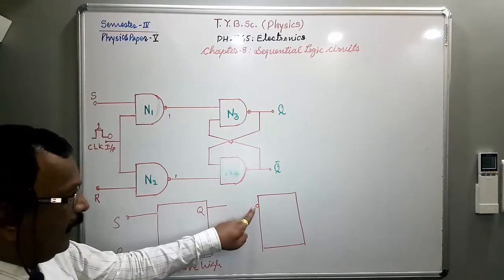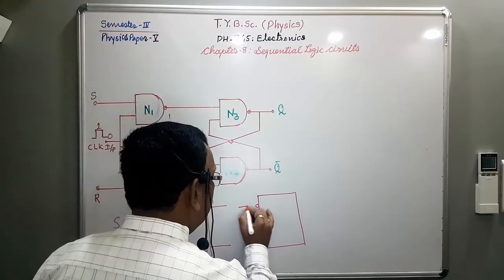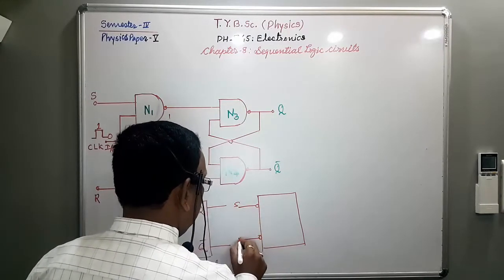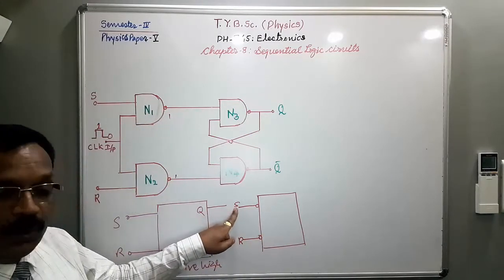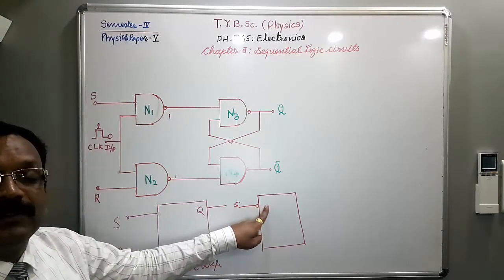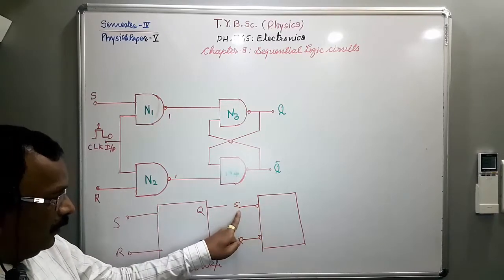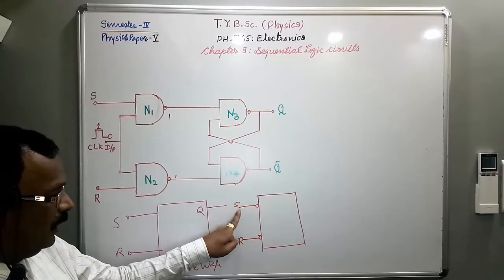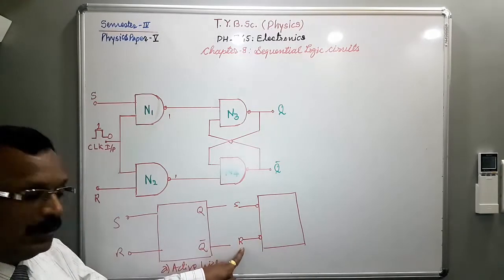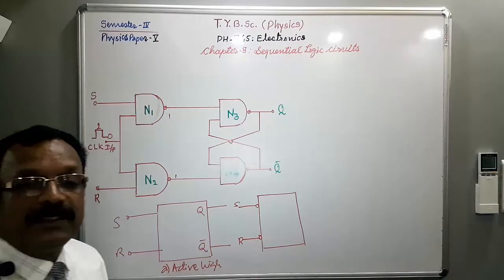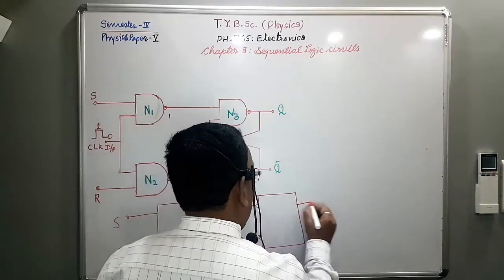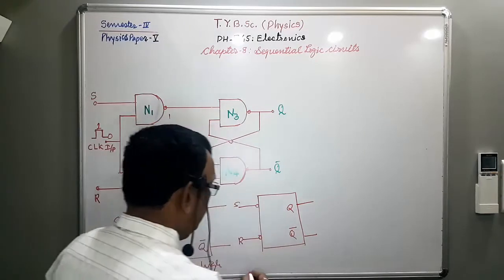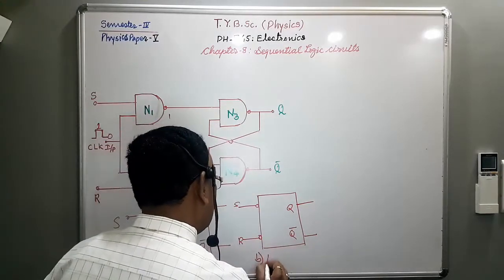Here we are going to use a NAND gate, so only a bubbled input, here also a bubbled input, on S and R. That means when S is equal to 1, it provides 0. It's one inversion, not an inverter gate. It converts this 1 into 0, and when R is equal to 0, it converts into 1. So this is active low. And same here, Q and Q bar. Okay. So this is active low.